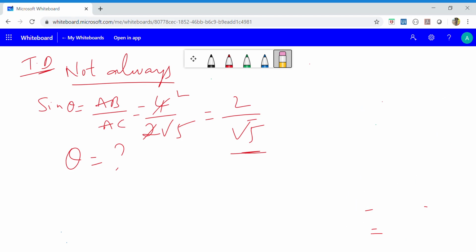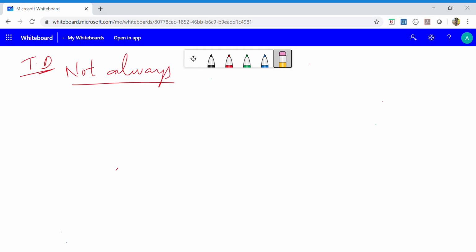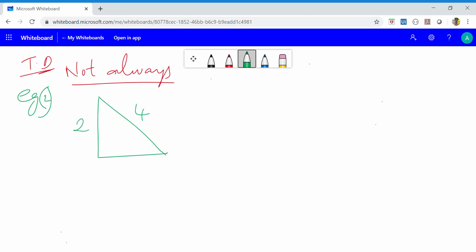If you know two of the parts, that is one side and any other part, then we can find out all the remaining parts also. Suppose example 2. I'm taking here hypotenuse as 4 and one of the sides as 2, and then you have to find the angle.